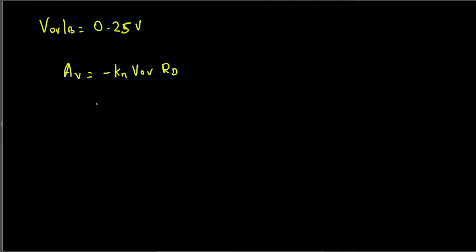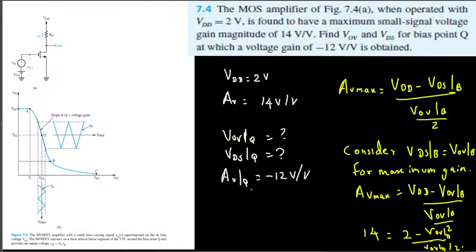So let's put the equation here. AV, the maximum gain, is given to be 14.